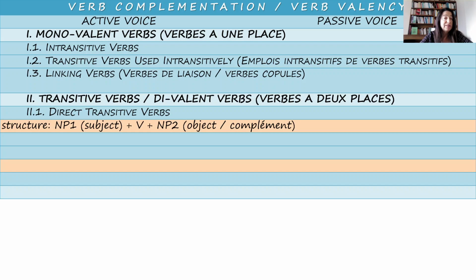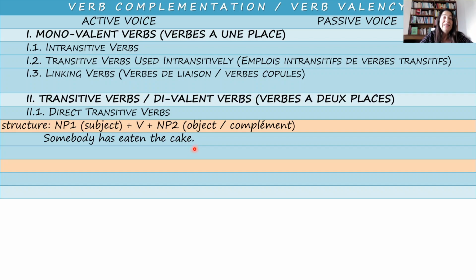So, for instance, in the sentence, somebody has eaten the cake, the syntactic structure is NP1, noun phrase number one, le groupe nominal numéro un, the subject, somebody in this case, and then the verb has eaten, and then noun phrase number two, the object, le complément, the cake.